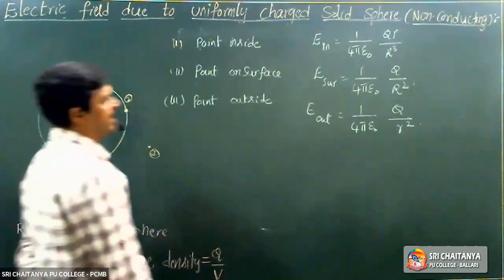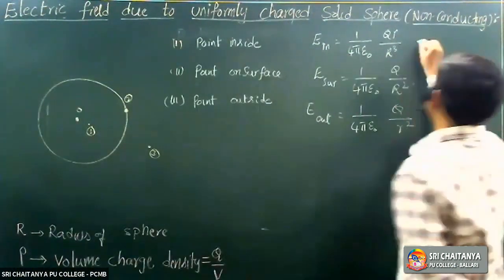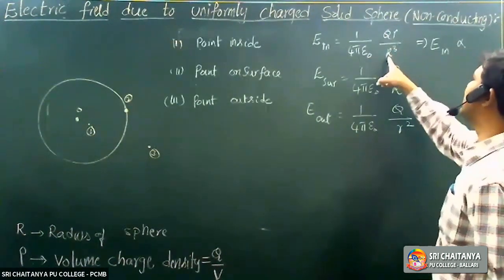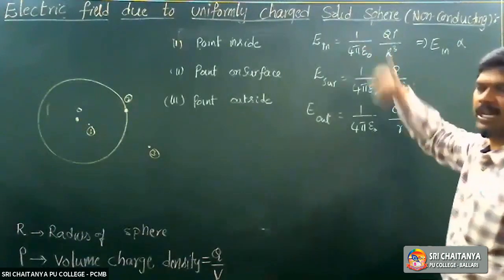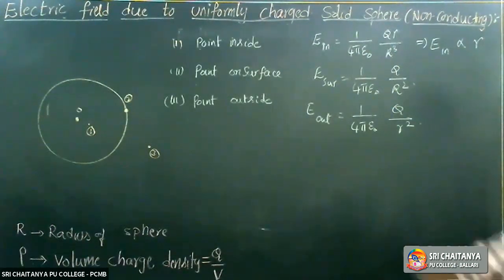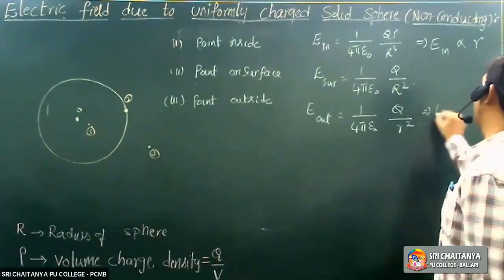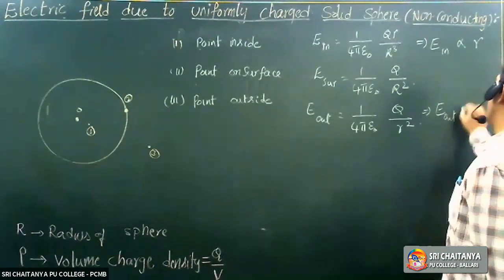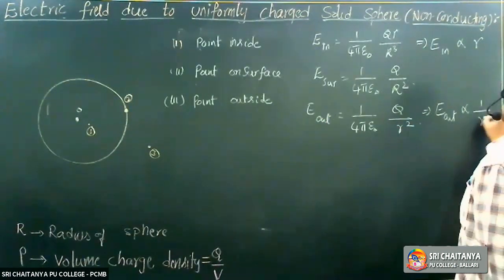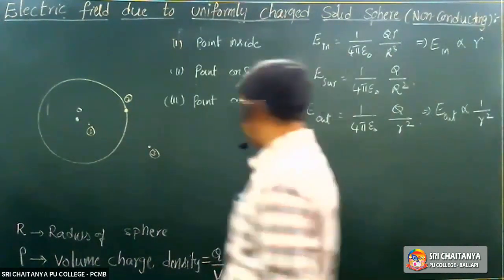So if you are asked for a graph, see here, E inside: Q constant, capital R constant, 1 by 4 pi epsilon naught constant, so E is proportional to small r. Outside, see how E out is related with r: 1 by r square.